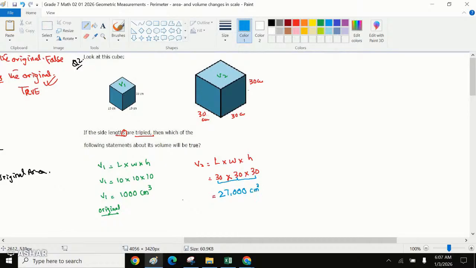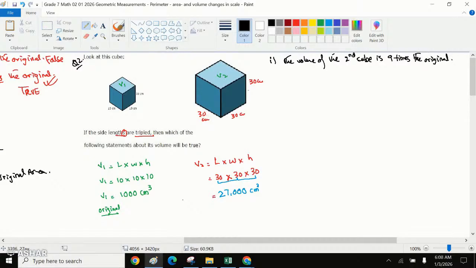Okay. So if we need to find, we write a statement. I'll give you the two statements. We'll find the first or the second. Statement number 1 says the volume of the second cube is 9 times the original.